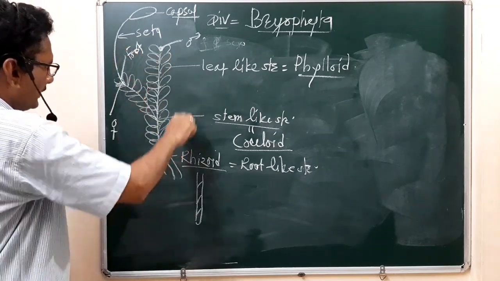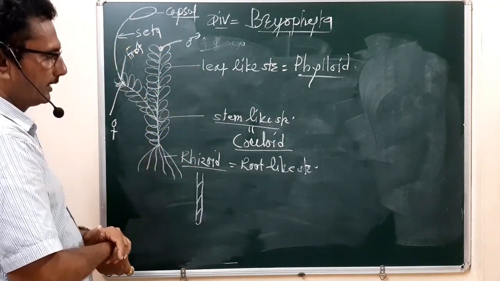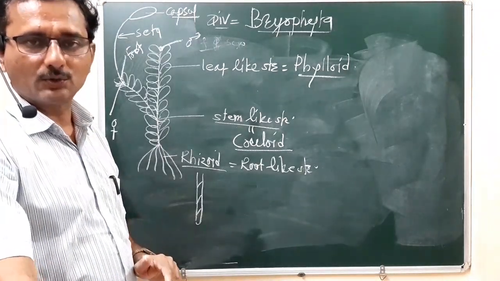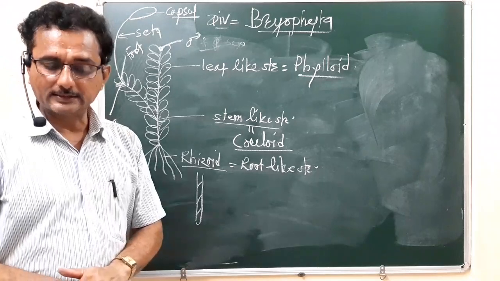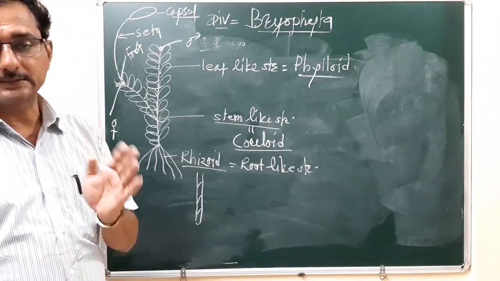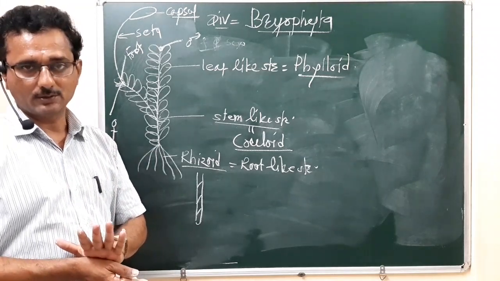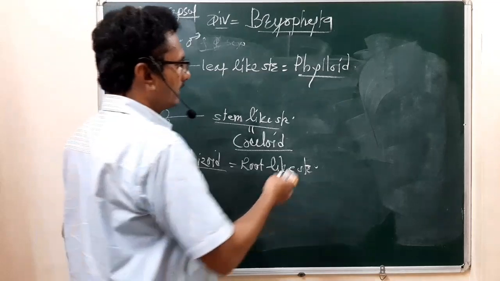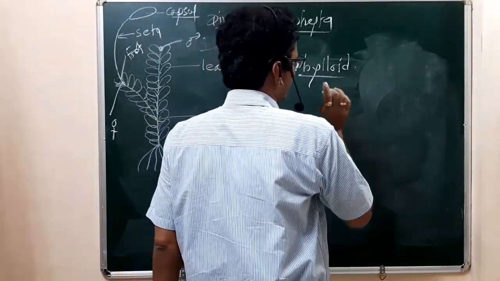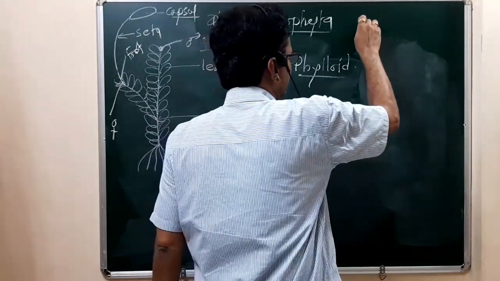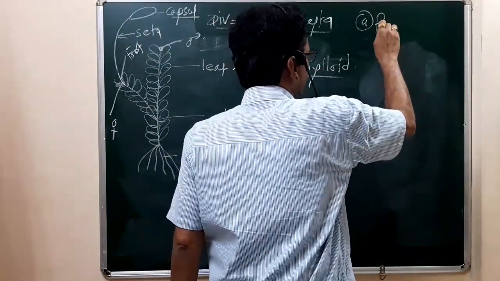So in the beginning, the gametophytic phase shows two stages. What are those? The first stage is the protonema stage, and the second stage is the leafy stage. Protonema stage and leafy stage. So see, the first one is the protonema stage.